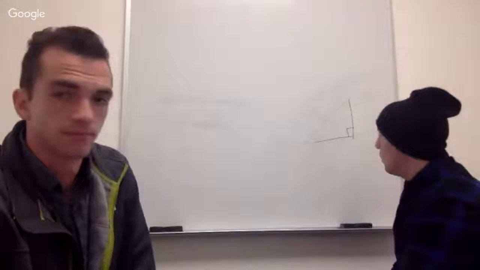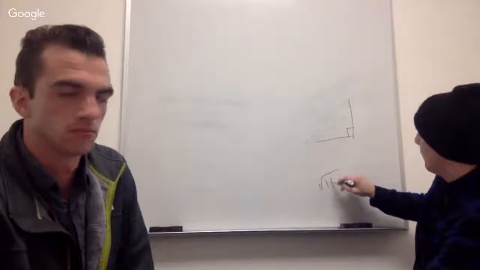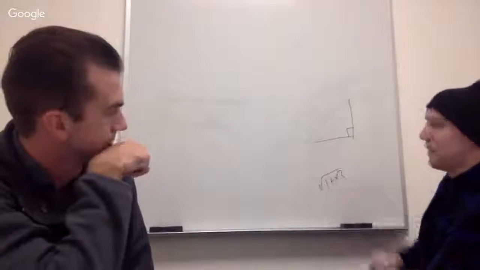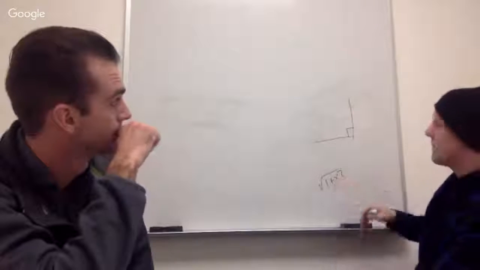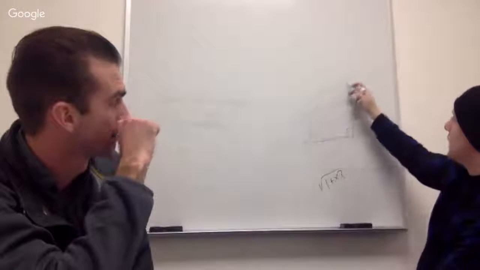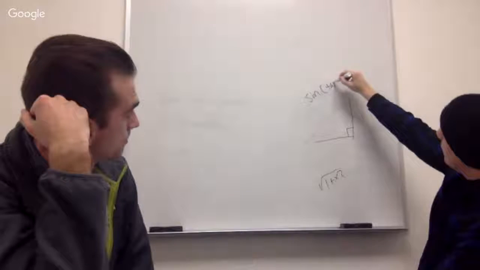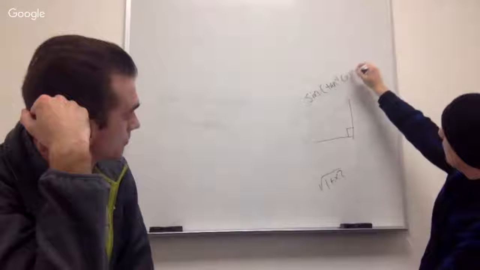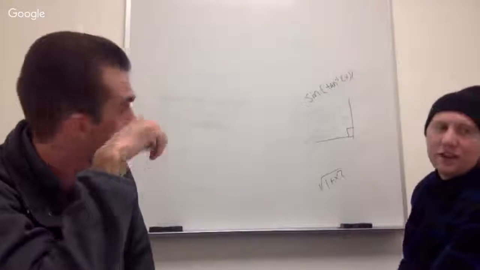Okay. We know one of the sides is that, because that's the opposite we got, right? And one of the other sides was this equation. I don't know exactly which side, right?